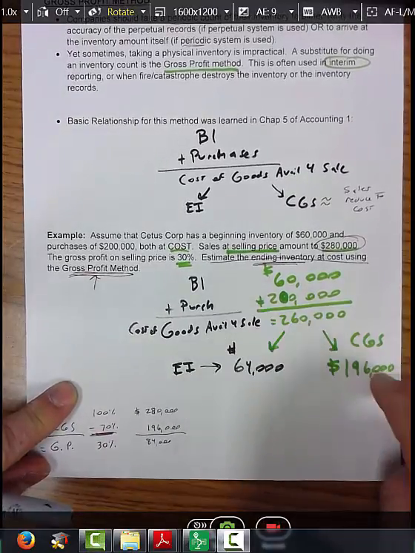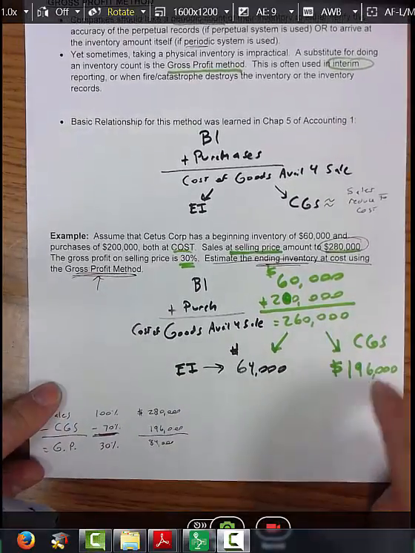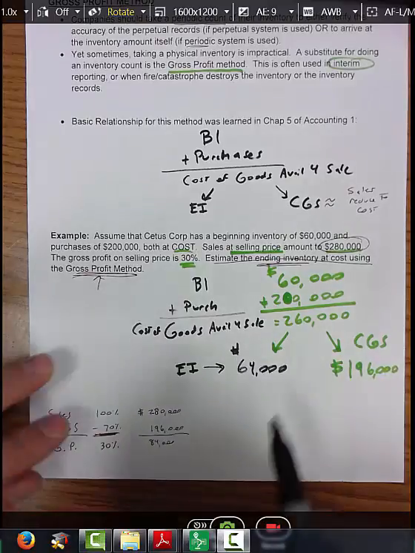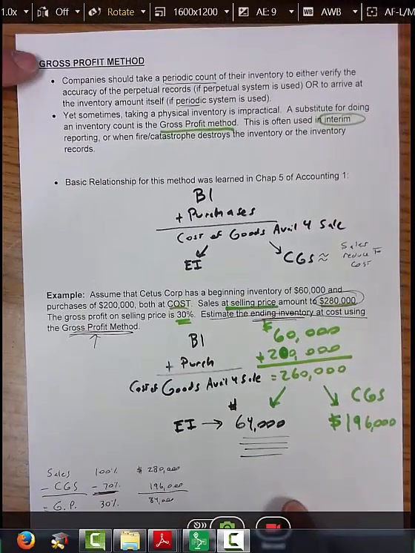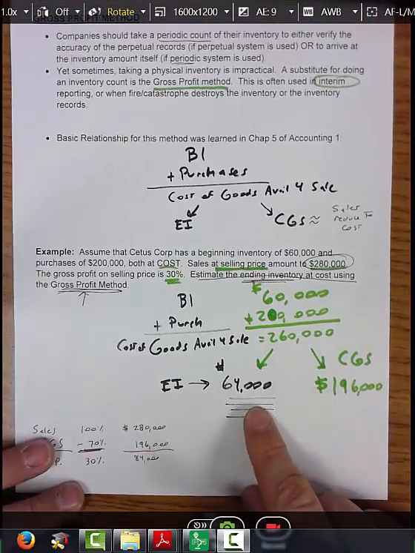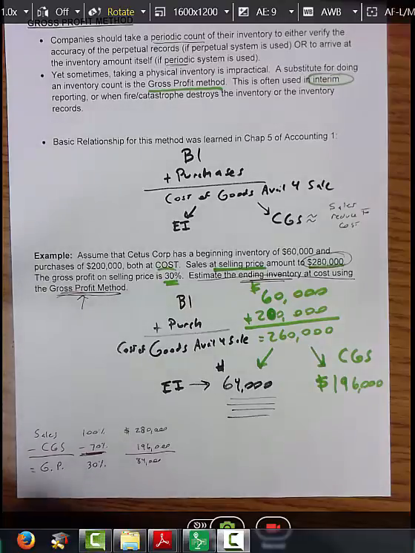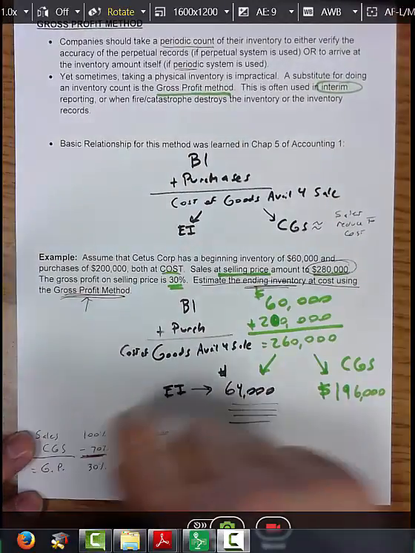We backed into this number, and thus we can compute our estimate of ending inventory using the gross profit method; in this example, we got $64,000. Not real hard, but you just have to remind yourself of these relationships.